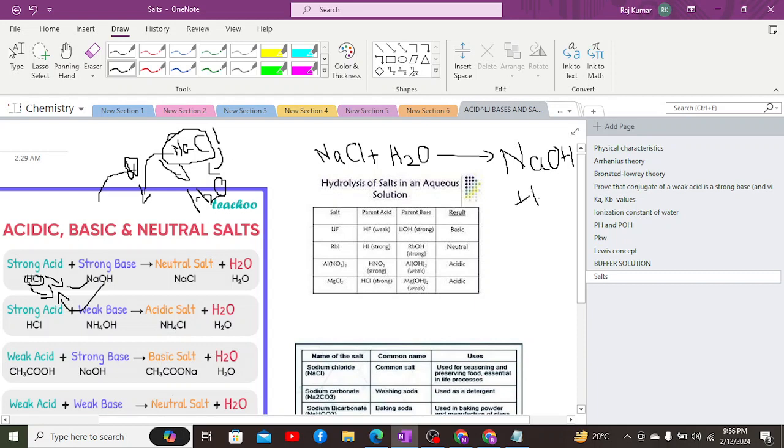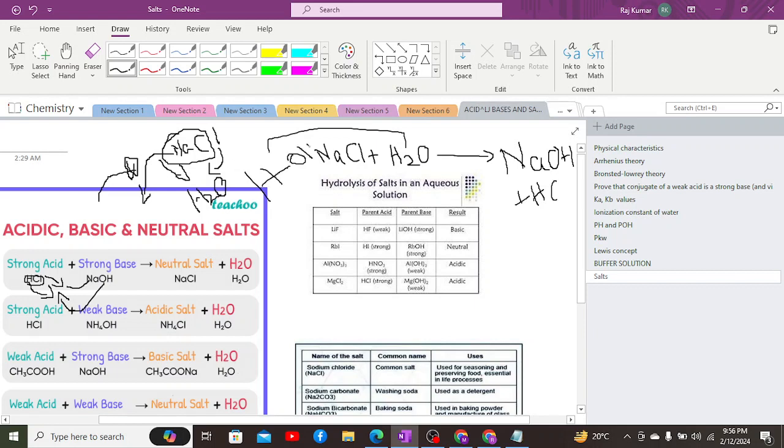Now in this type of reaction in which the water molecules are cleaved, there are two terminologies: hydration and hydrolysis. Hydration is a terminology in which the water molecule is added, but the bond between H and OH is not broken. But hydrolysis is a process in which the bond formed between H and OH is broken down.